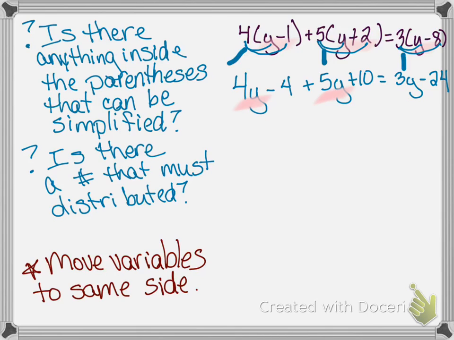What we're doing is combining like terms that are on the same side of the equation. So what's 4y and 5y? 9y. Now, -4 and +10 are also like terms. What's -4 and +10? Good.